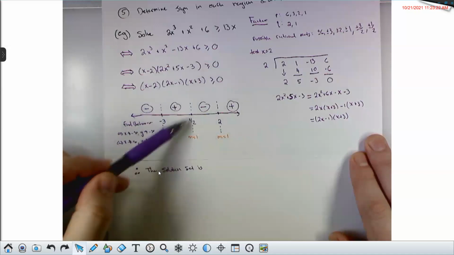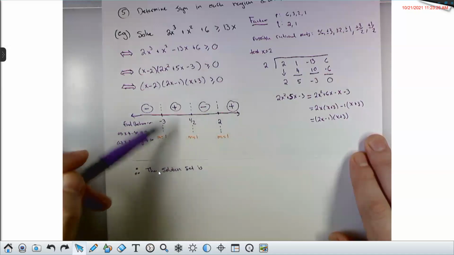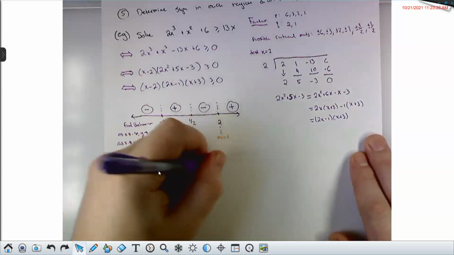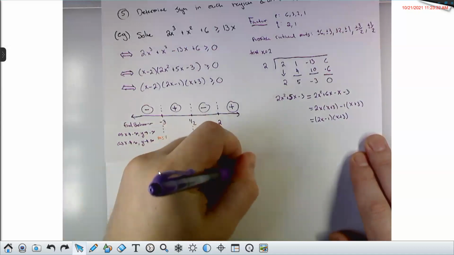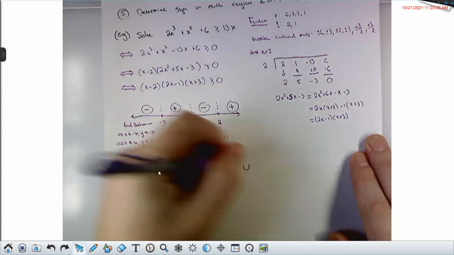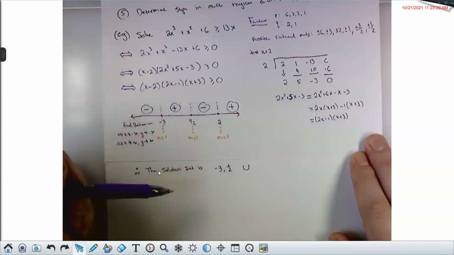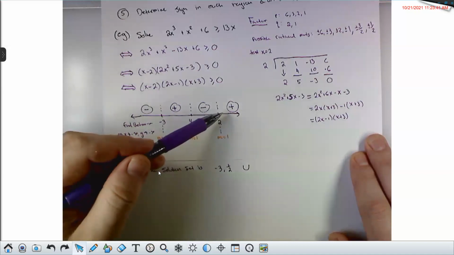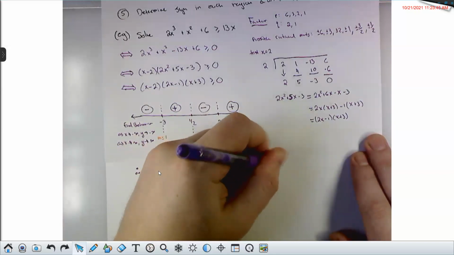Is this a part of my solution? Yes. So from -3 to +1/2, we'll worry about brackets or parentheses in just a second, union with, this is not a part of my solution because that polynomial is negative there. This is a part of my solution because my polynomial is positive there. So the other interval here is 2 to infinity.